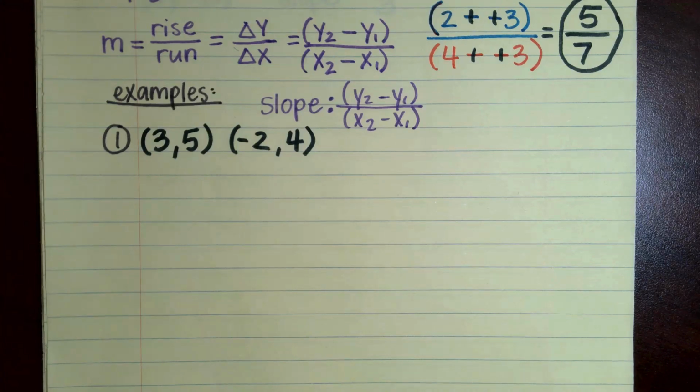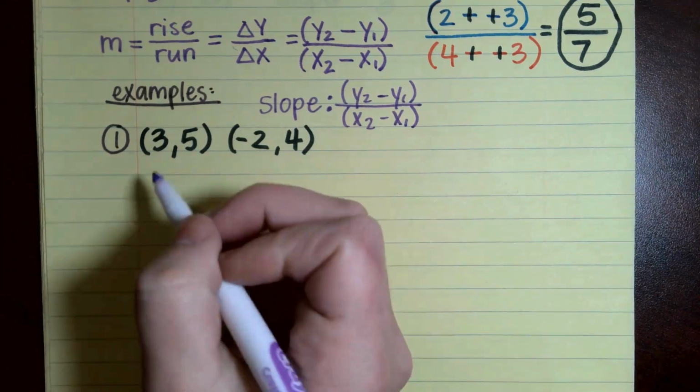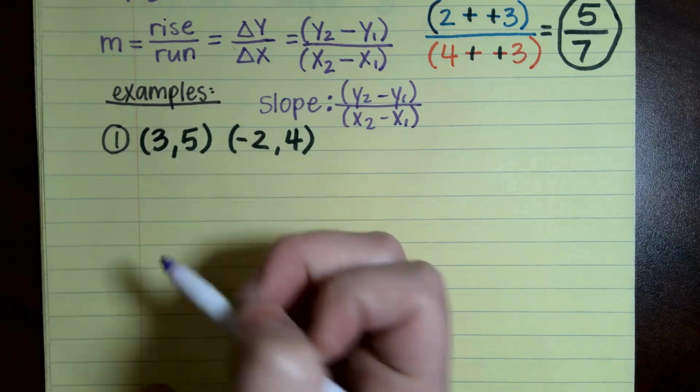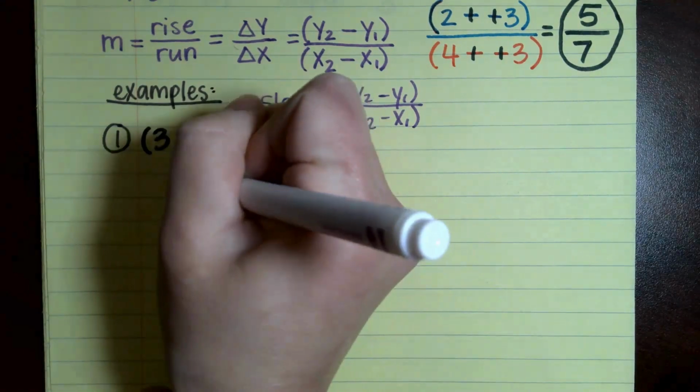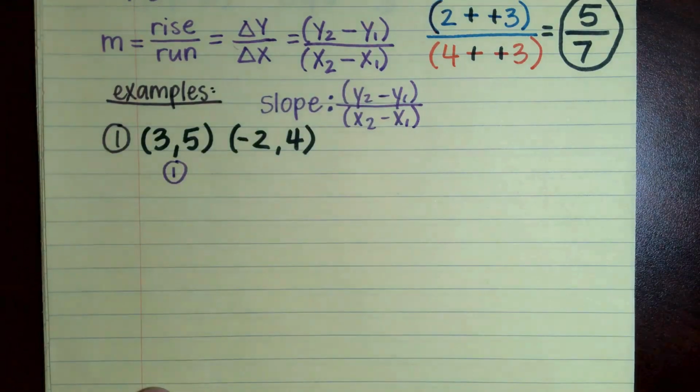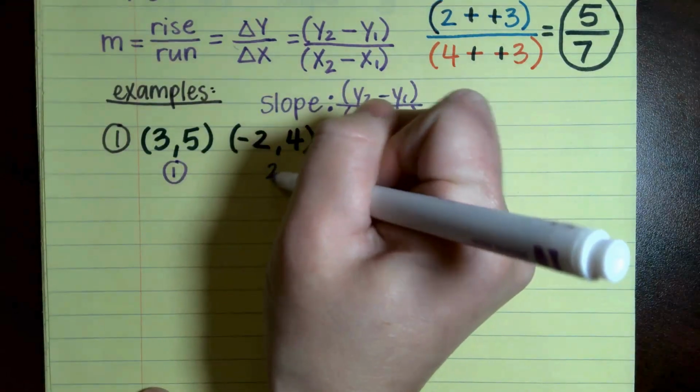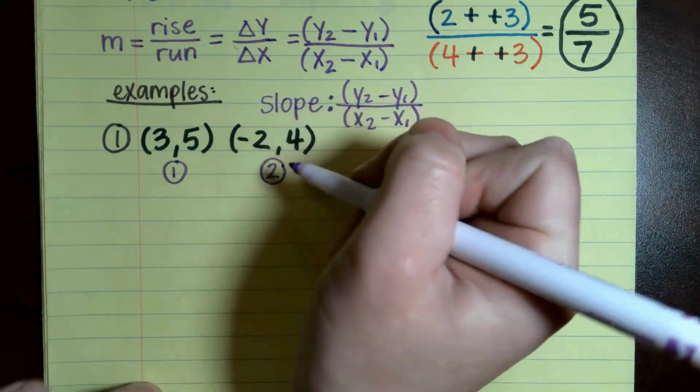So first of all, let's label our coordinates just so we don't lose track of anything. Which one do we want to call the first coordinate? Let's use this first one here, 3, 5. We'll call this coordinate 1, and that means we'll call this one coordinate 2.